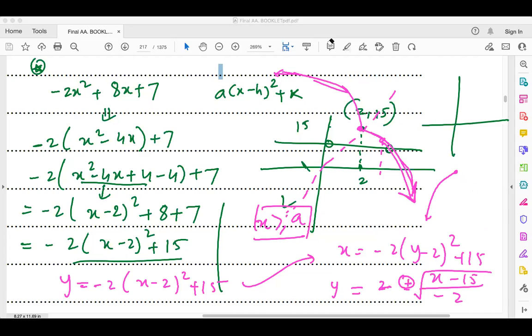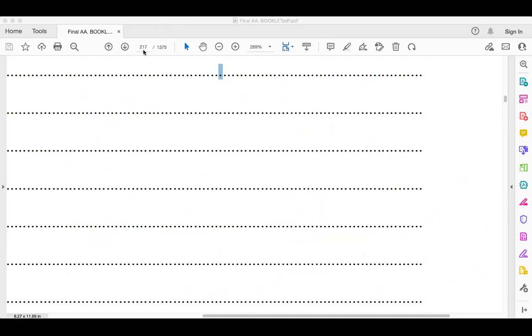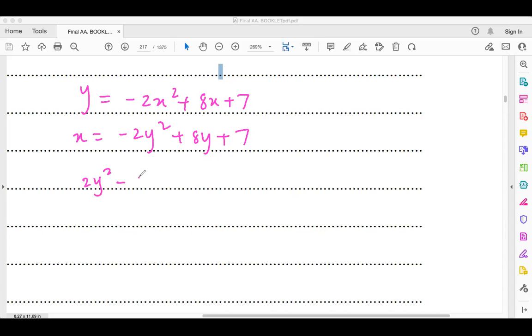Now, we could also find the inverse in a simpler way. Let's say my function was y equals negative 2x squared plus 8x plus 7. You could also do it by the quadratic formula itself. So if you have x equals negative 2y squared plus 8y plus 7, bringing everything to the left side: 2y squared minus 8y plus x minus 7 equals 0.